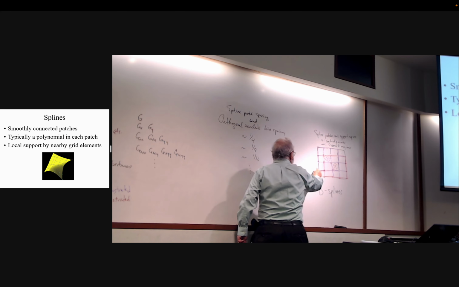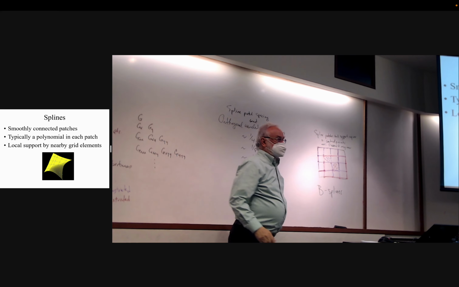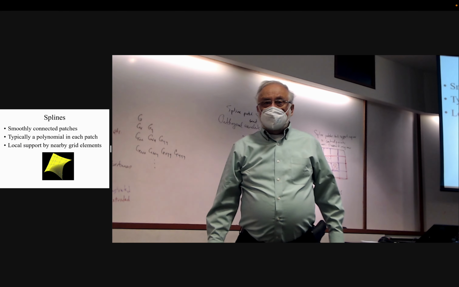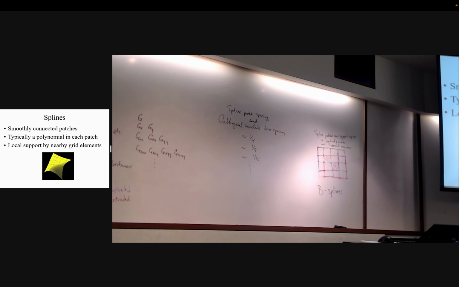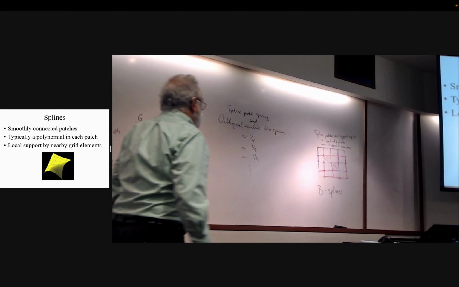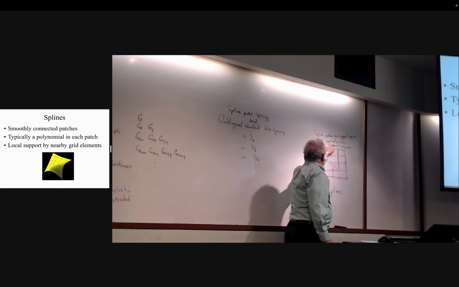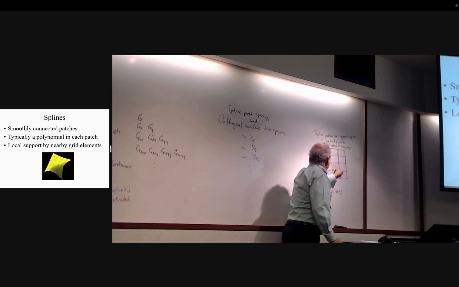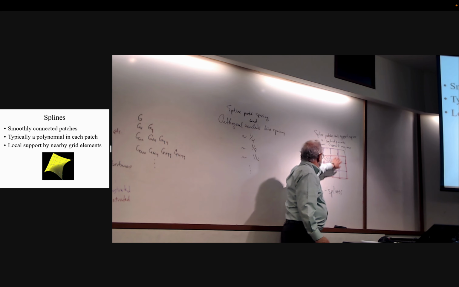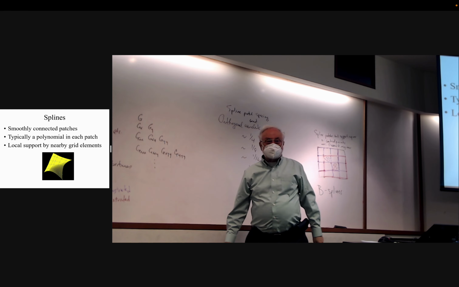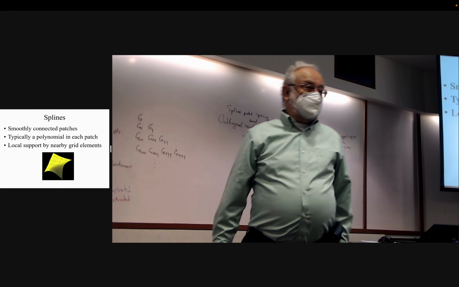Okay, which is to say that the aperture, the support, if you will, from which the data comes is this double blue line around it for that patch. Right?